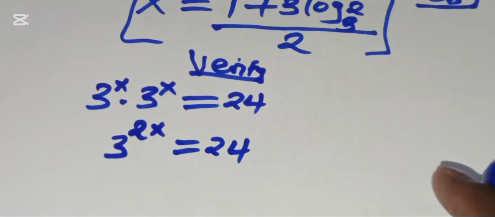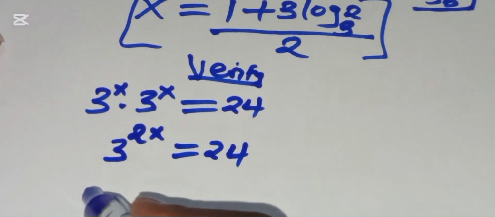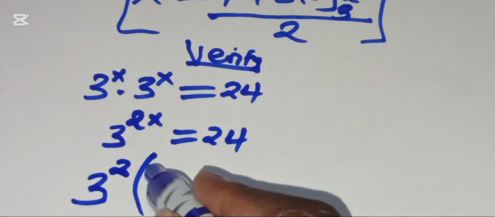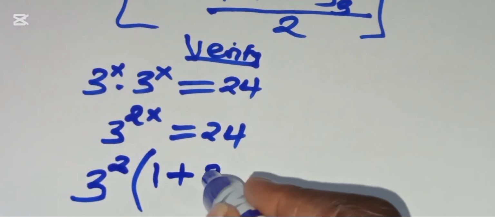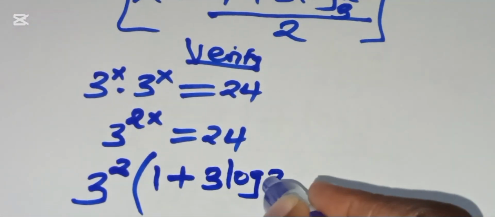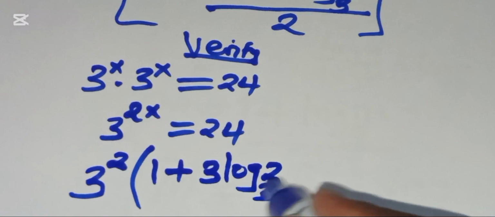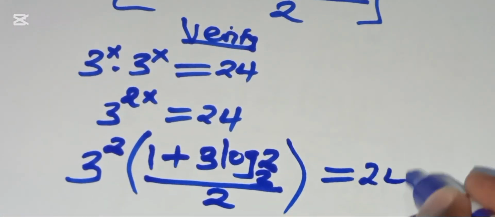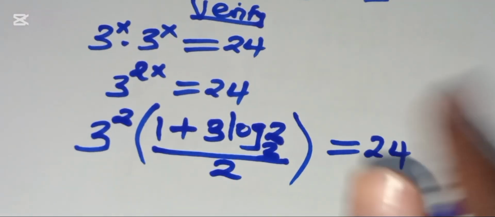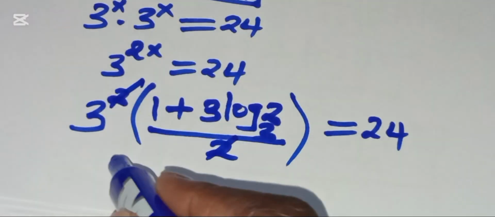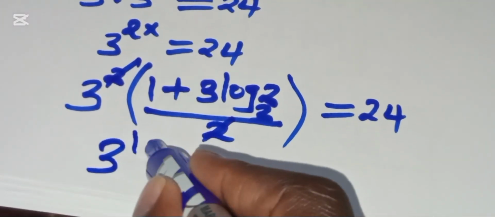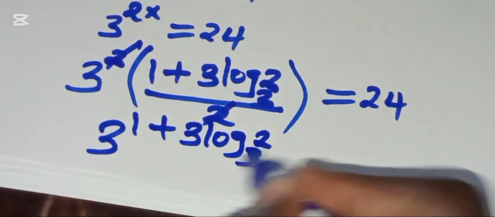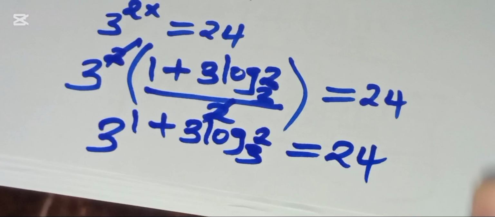So let's substitute the value of x so that we're going to have 3 raised to the power 2 multiplied by the value of x, which is 1 plus 3 log 2 to base 3, divided by 2. This is supposed to give us a value of 24. So let's simplify here so that we're going to have 3 raised to the power 1 plus 3 log 2 to base 3 equal to 24.